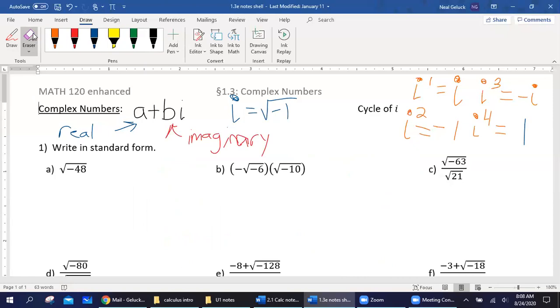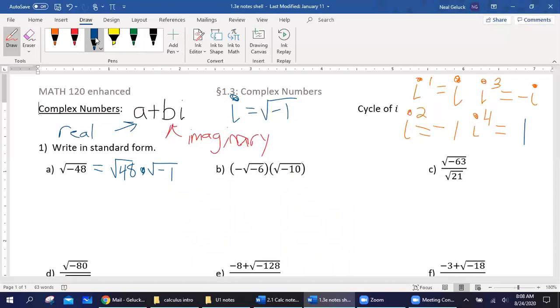Okay, so let's first start talking about how we write imaginary numbers and more generically complex numbers. I'm only going to do this on this first problem, and then we're going to kind of see the pattern here. I can think of the square root of -48 as the square root of 48 times the square root of -1.